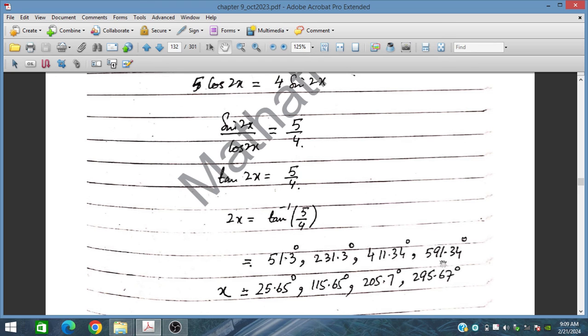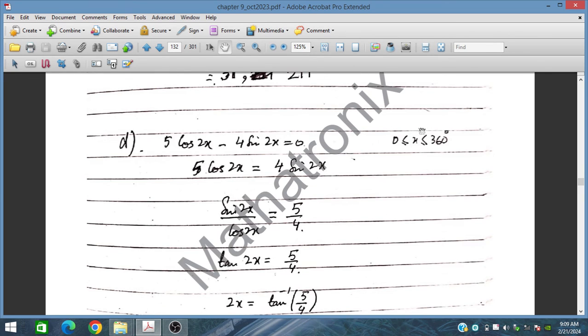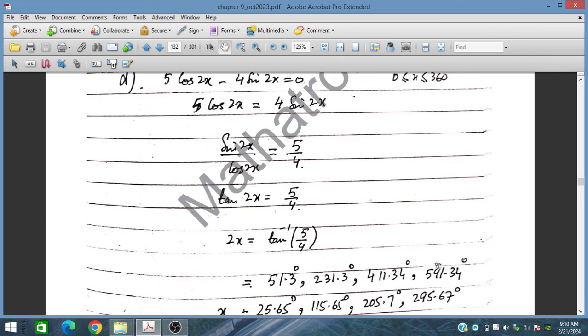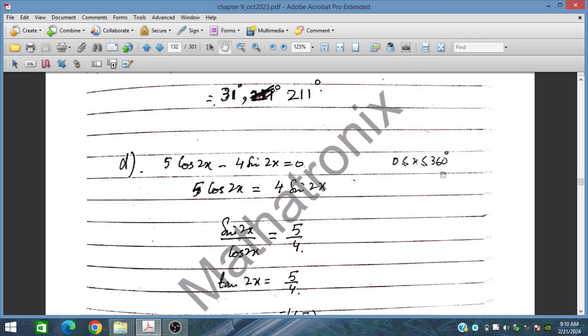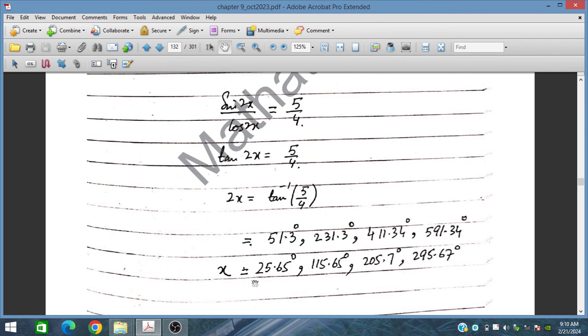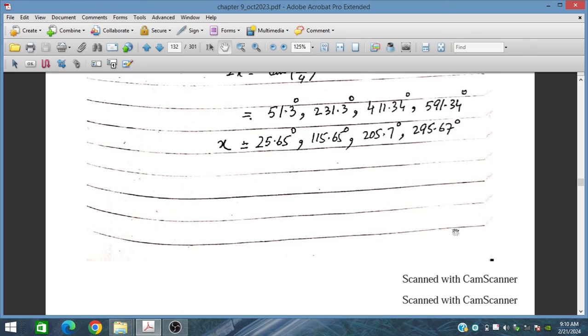So this is very important, because of this 2x, we have assumed the range for 2x, for 0 to 2x, this becomes 720. So we extend the range. That's why we have taken these two values extra, and on dividing by 2, we will have the band within 360 degrees. The x value is this, and 2x should be double of this. So we have 2x, so we have obtained this.